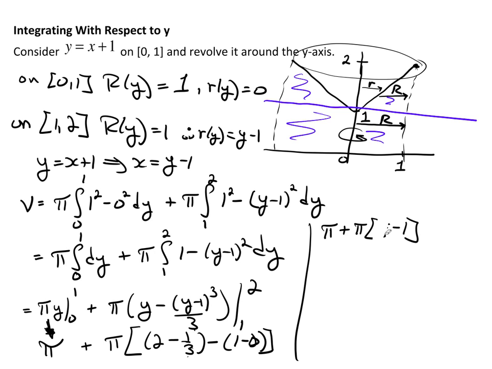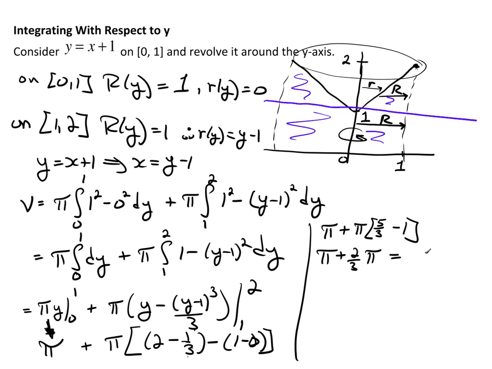Let's get it together here. This is 6/3 minus a third, so this would be 5/3 minus 1. So this is going to be pi plus pi times 5/3 minus 1. That's 5/3 minus 3/3. That's 2/3 pi.